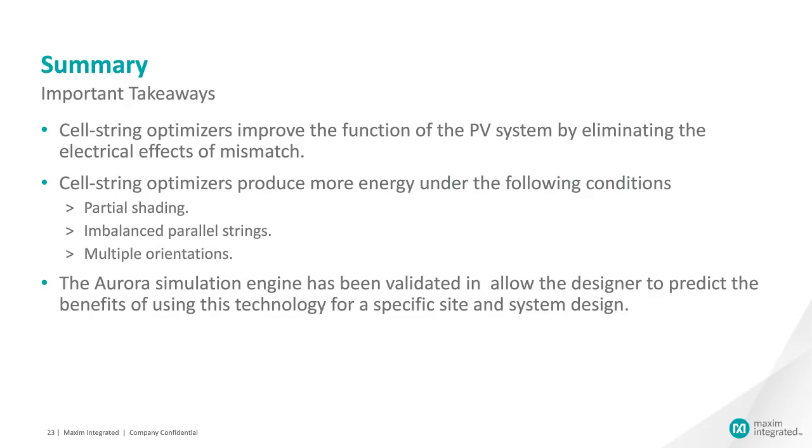So these areas that you've traditionally avoided designing into, you can now place modules in those areas and either increase your system size to hit a specific production target, or make more energy in a rooftop that would normally be disqualifying. The Aurora simulation engine has been validated by both Aurora and Maxim to properly model the effects of our optimizers.